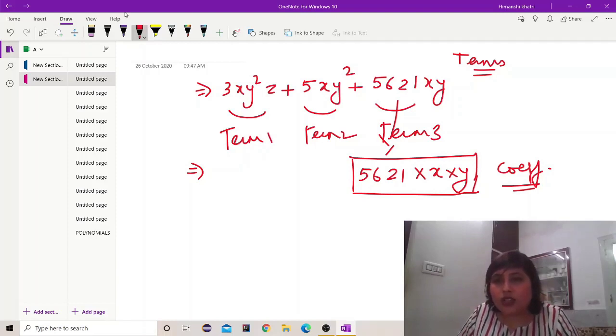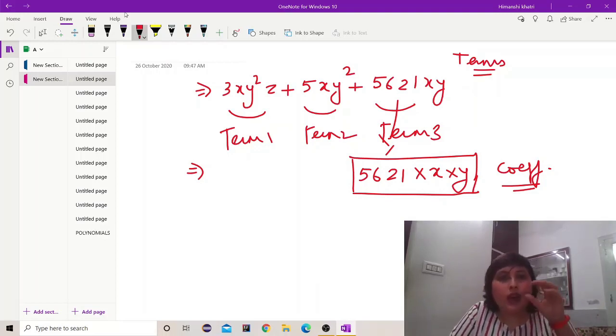Coefficients are either the numerical part or the variable part. For finding the coefficient, you have to first identify the term in which you have to find the given coefficient. I am asking you, find the coefficient of xy.